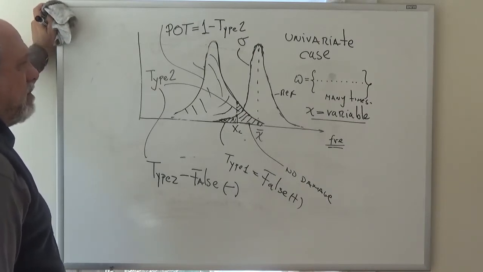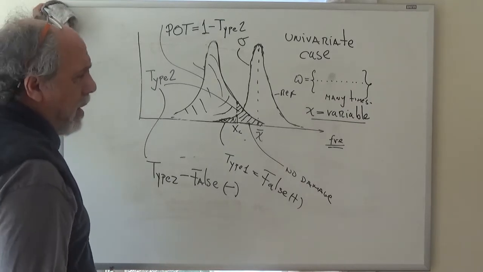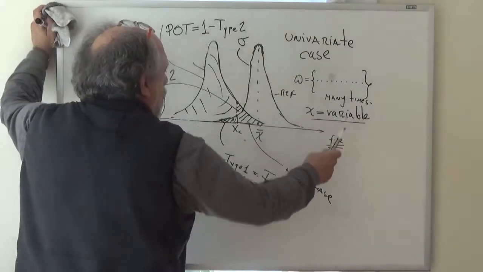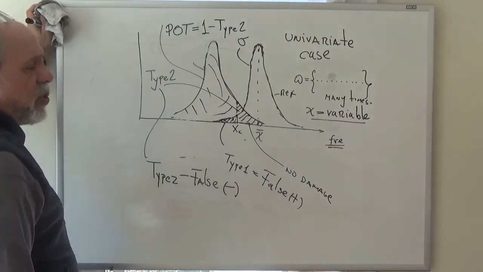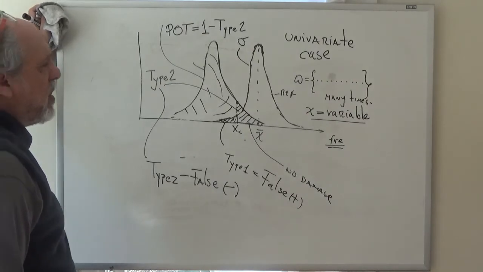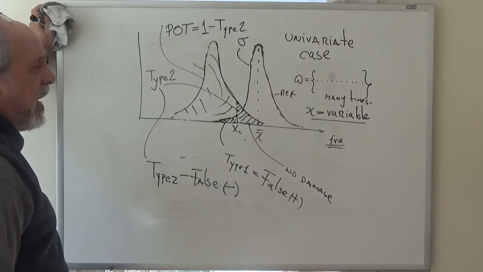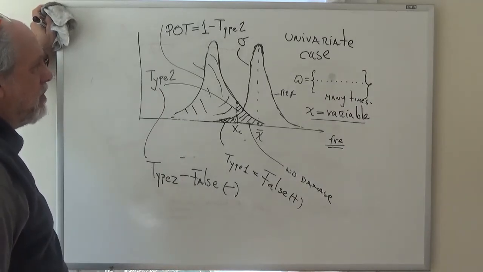From data that we collect over some time, we postulate some probability distribution that governs our quantity, which in this case is a single number, and we're assuming for discussion it is a frequency.